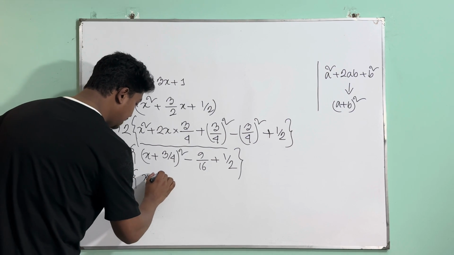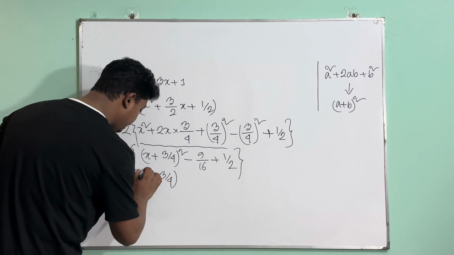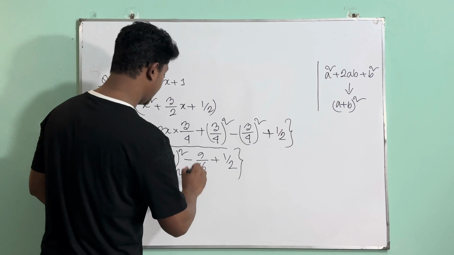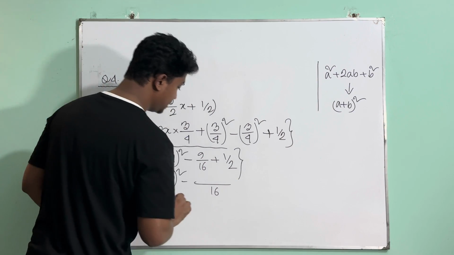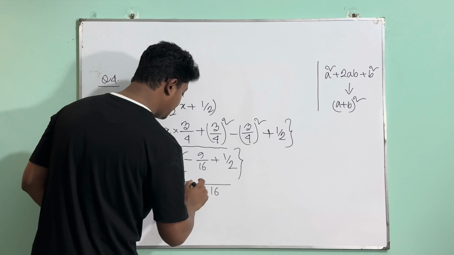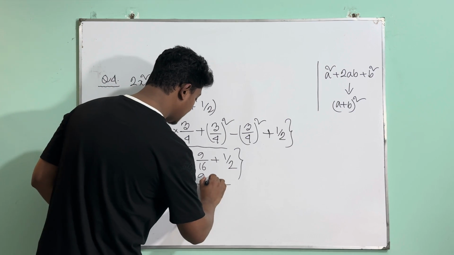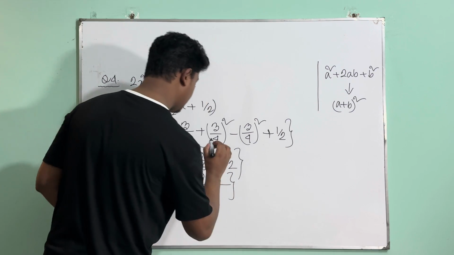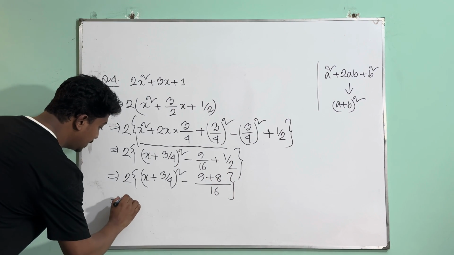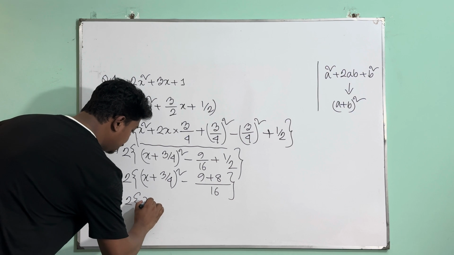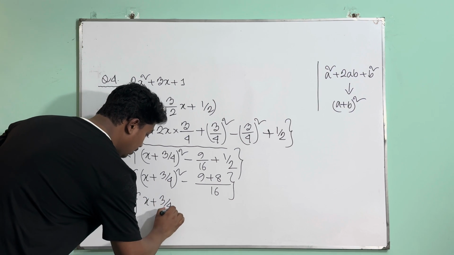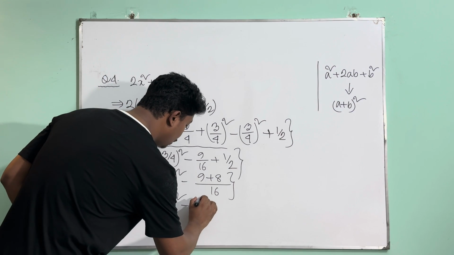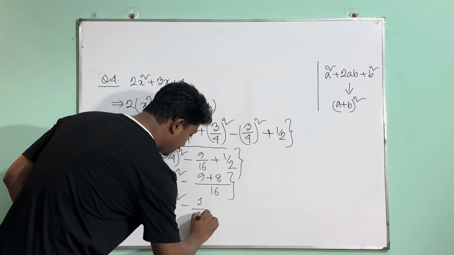So (x + 3/4)². Simply what you're going to do is take the denominator LCM, then you have 9 and plus 8. So close it now. We are going to get 2 (x + 3/4)² minus 1/16.